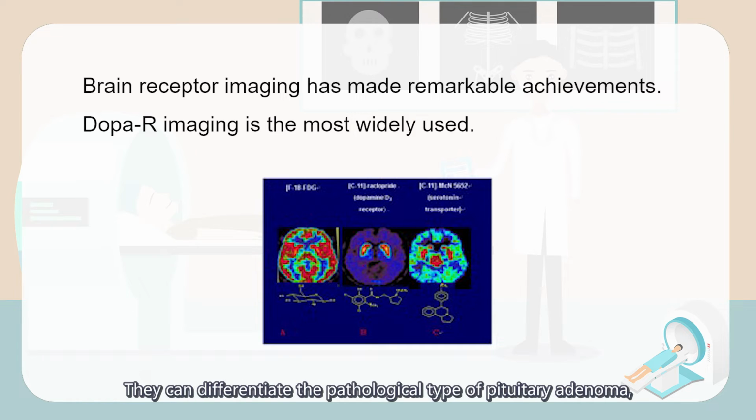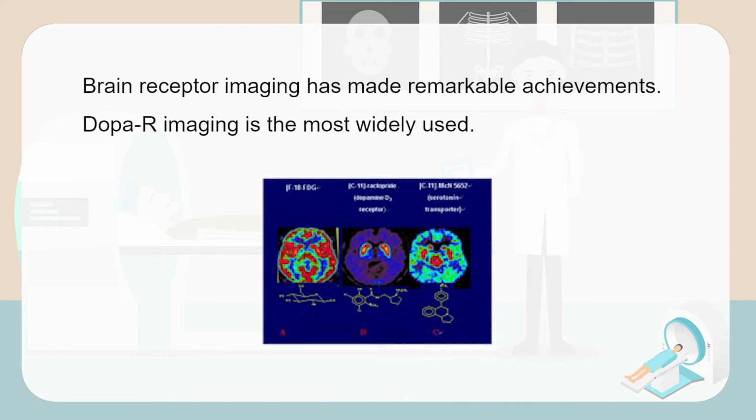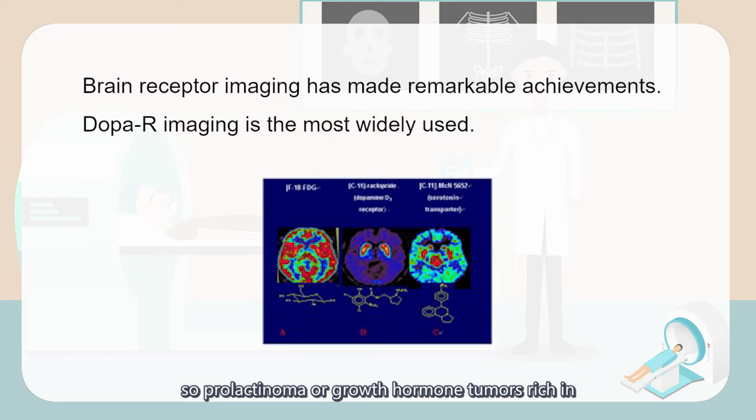It can differentiate the pathological type of pituitary adenoma, so prolactinoma or growth hormone tumors rich in dopamine receptors can be treated with bromocriptine instead of surgery.